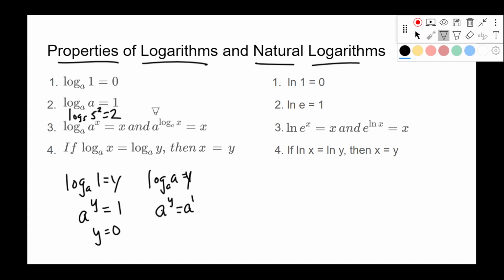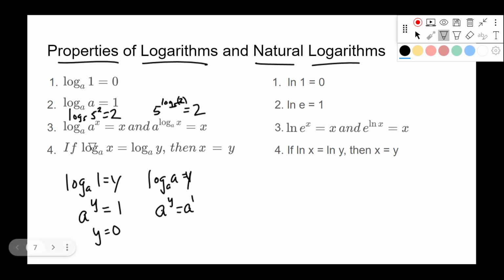Or it's saying 5 to the log of 2 base 5 is equal to 2. If you have a base raised to a power that has a log in it with the same base as the base of the exponent, then you get the answer, which is the argument of that log. That's what it's saying.